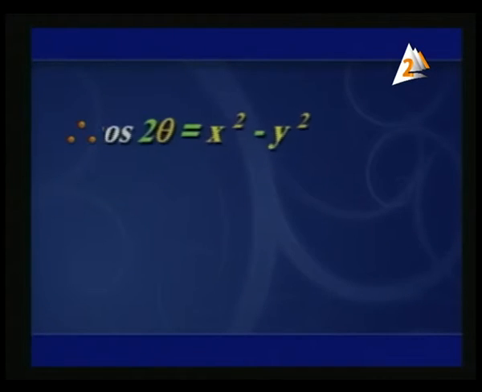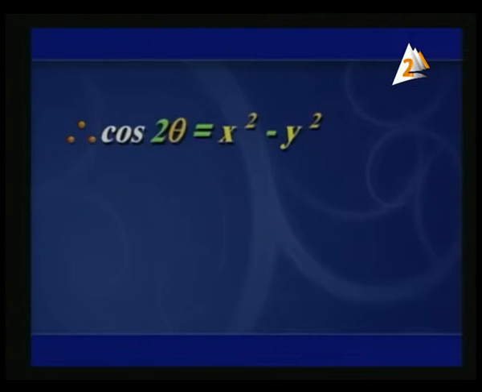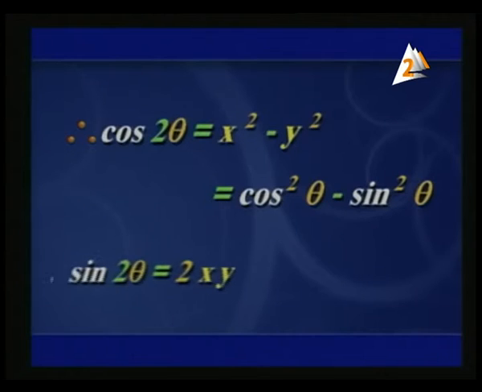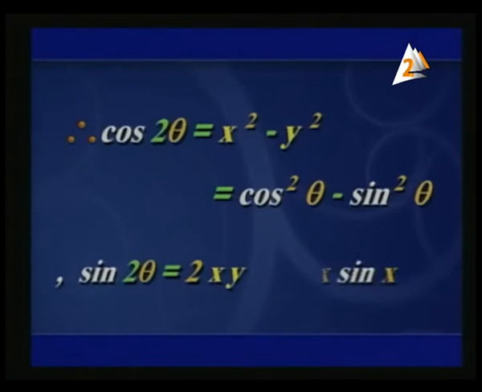Therefore, cos 2θ equals x² − y² equals cos²θ − sin²θ, and sin 2θ equals 2xy equals 2 cos θ sin θ. Now, dear students, let's go to another example.